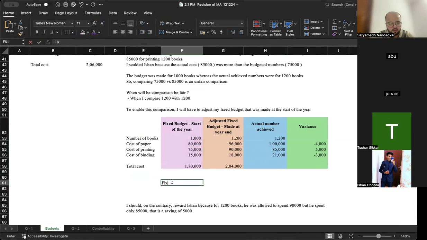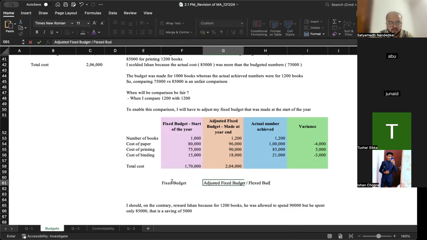This is called fixed budget. This is called adjusted fixed budget or flexed budget.